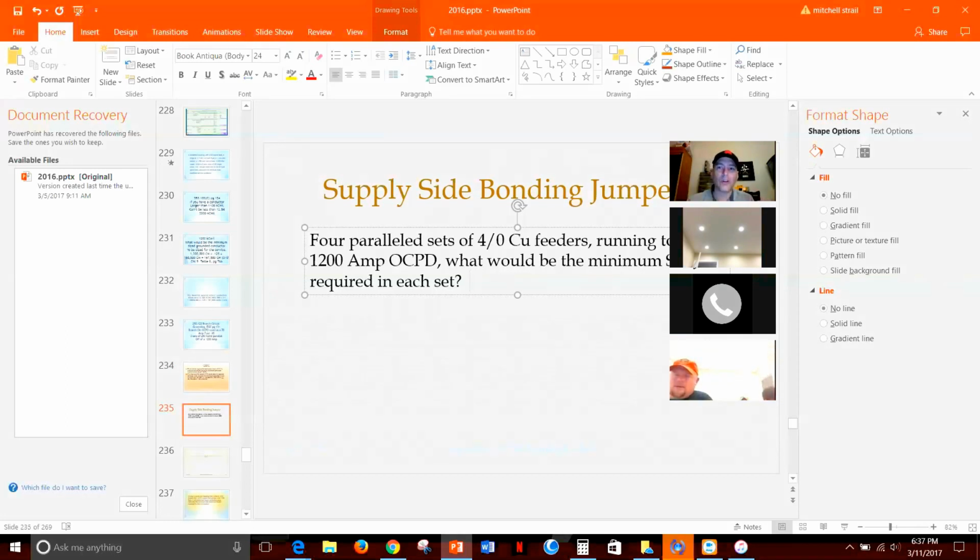Round that up to 700 kcmil. So then we'd use a 700 kcmil, just like we did on the other table, and go straight to the table and apply whatever that wire size would be. Is it 2-aught? Okay, so that's the same as the other one, wasn't it?